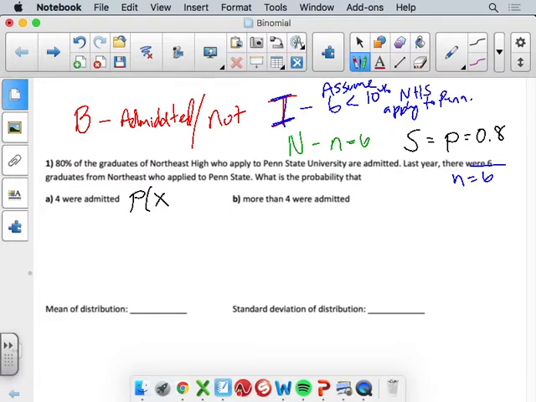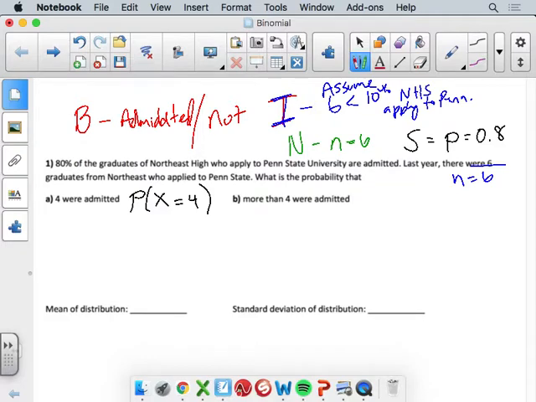The event is 4 people were admitted out of 6. So what's the probability that X equals 4? That's our question. What's the probability that if 6 people applied to Penn State, of those who were accepted, it was equal to 4?